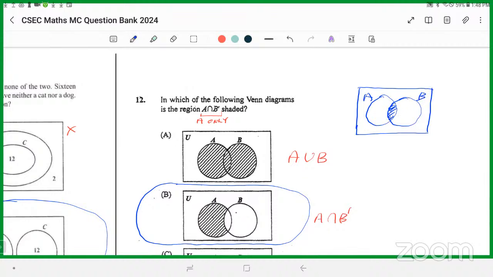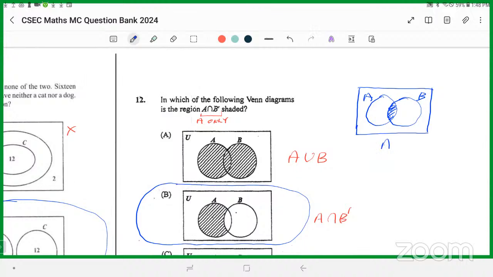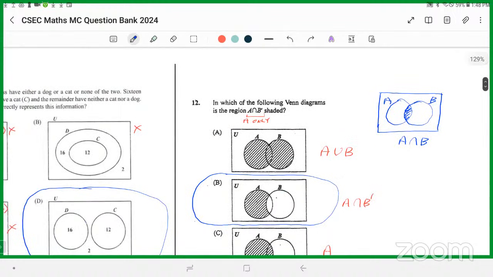That one will be A intersect B. Put it in blue, Mr. Shaw. This one will be A intersect B versus A union B. So that's what A intersect B looks like versus A union B. So don't know what's coming on the exam paper.